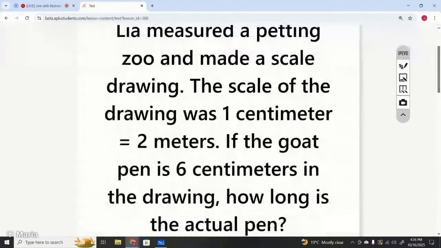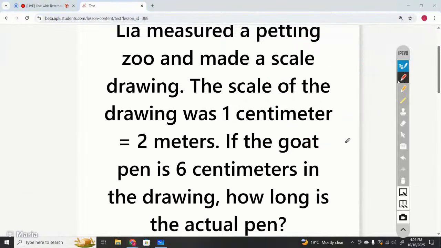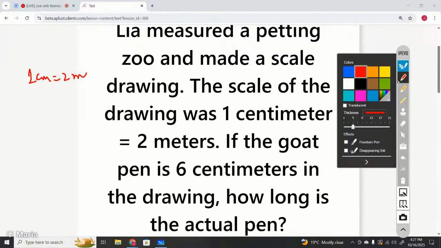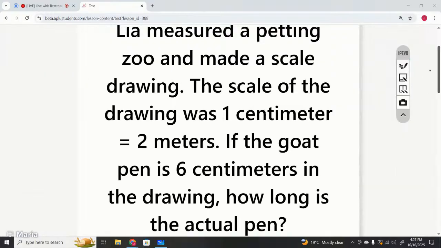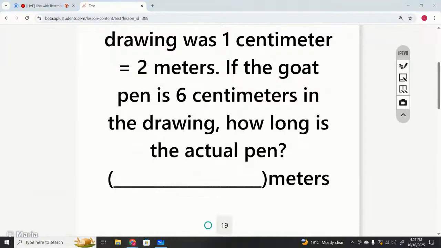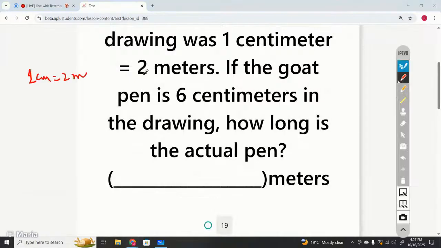Leah measured a petting zoo and made a scale drawing. The scale of the drawing was 1 centimeter equals 2 meters. If the goat pen is 6 centimeters in the drawing, how long is the actual pen?